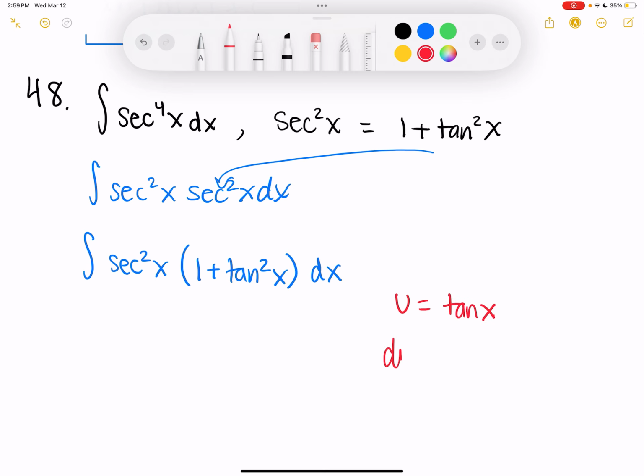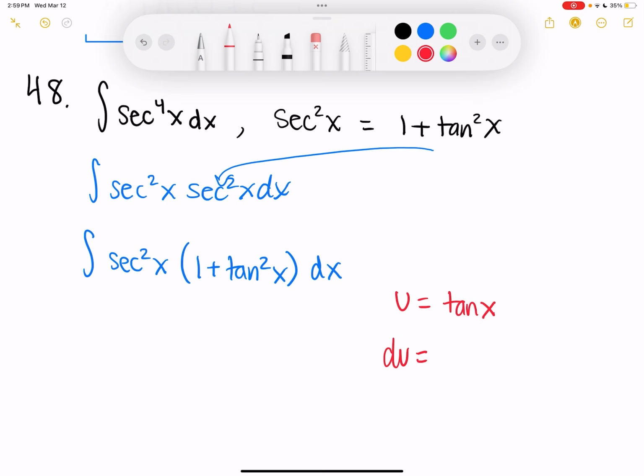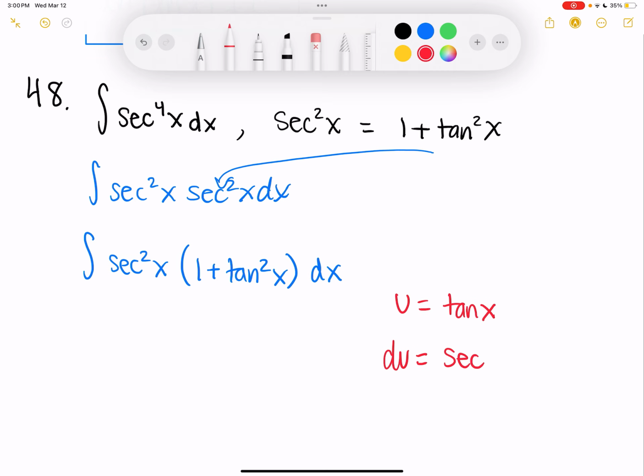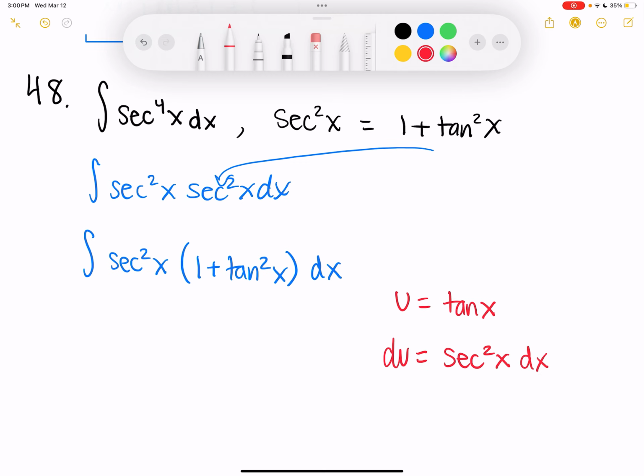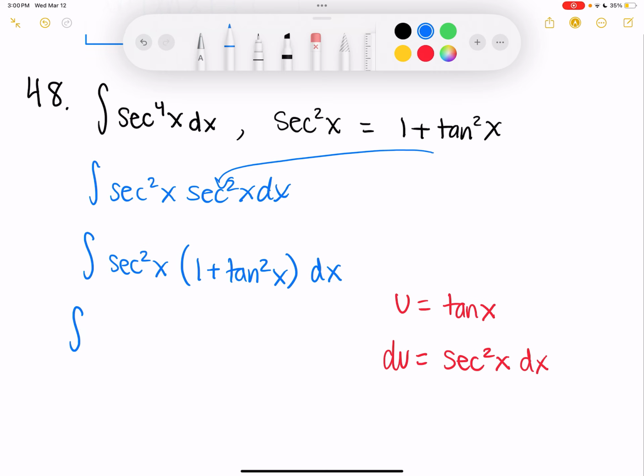Because then du is what? Secant squared. So now I've got the integral of 1 plus u squared du. Put the parentheses for Josh.